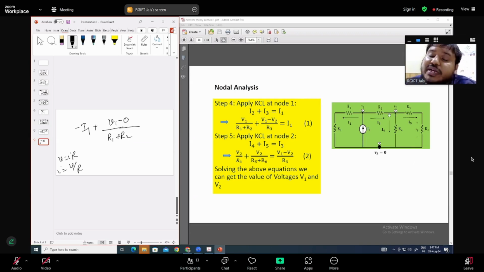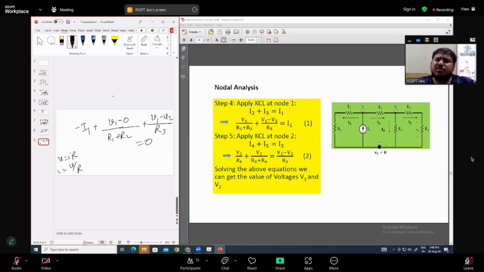So V1 will be greater than V2, and current will be flowing in the outward direction. So plus sign. And what is the magnitude? That is V1 minus V2 divided by the resistance value, which is R3. So that will be equal to 0.